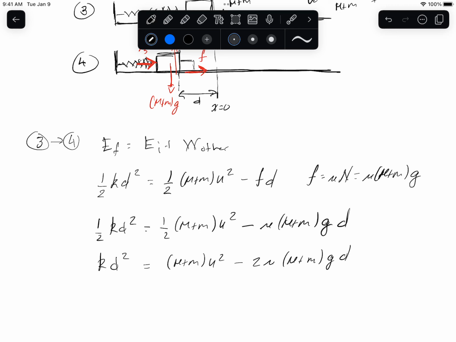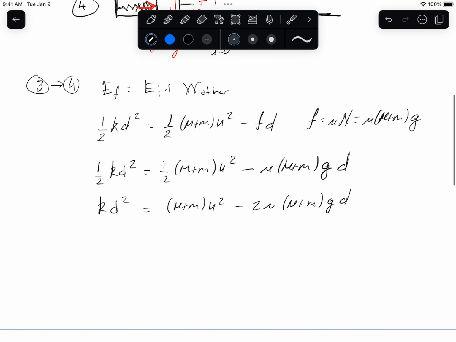Now I have k here and I have M plus m over there. So what I'm going to do is first divide by M plus m, and you'll see why. So I'm going to have k over M plus m here times d squared is equal to u squared minus 2 mu g d.